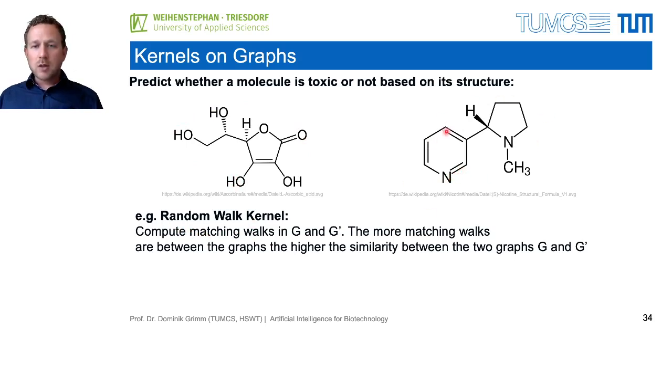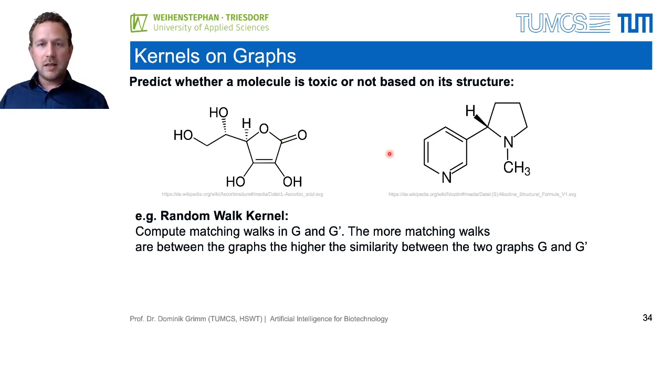And the more walks it finds between the graphs, the higher the similarity between the two graphs is. So we try to find walks through this graph, and if we find similar walks, then we can increase the similarity counter. So that's called random walk kernel, and this then can be used to directly do predictions based on the structure of molecules, and that's very convenient, of course.